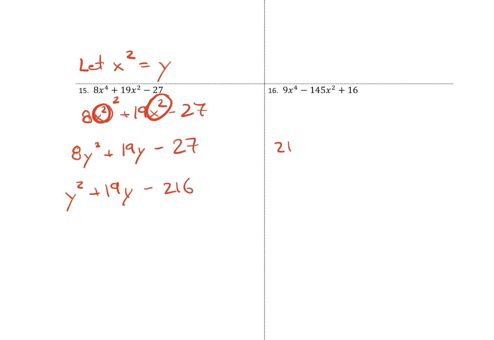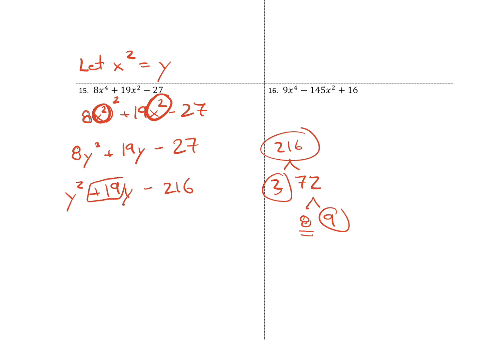Well, okay, 216 is... I'm just starting to factor this down, right? 27 and 8, boom. 3 times 9 is 27, and then times 8 is 216. And what's 27 minus 8? 19. So you have y plus 27, y minus 8.